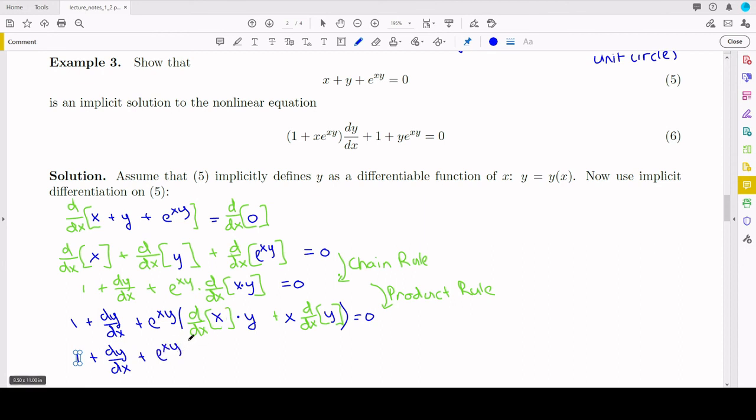The derivative of x is just 1, so that's 1 times y, and then plus x times the derivative of y, which is 1 times dy/dx. And that equals 0.